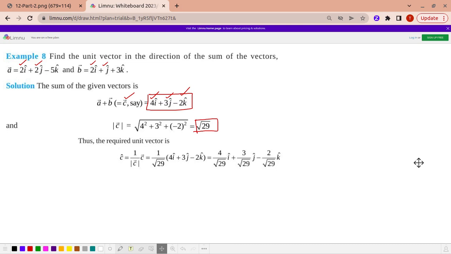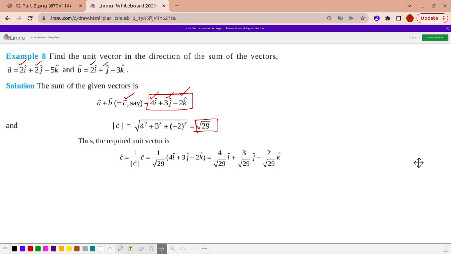So the question is to find the unit vector in the direction of the sum of the vectors. If we add a plus b, we get c, that is 4 i cap plus 3 j cap minus 2 k cap. We need to find a unit vector in that direction.